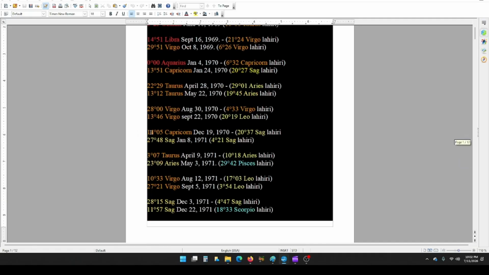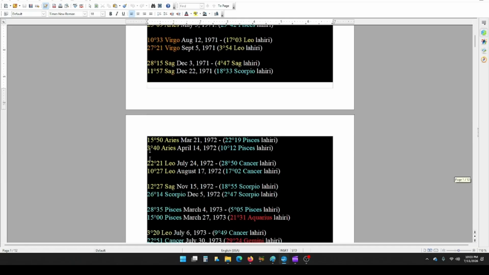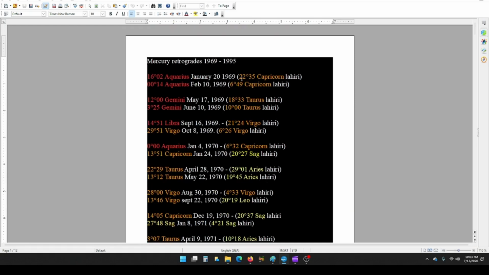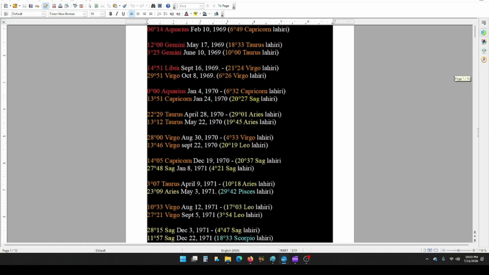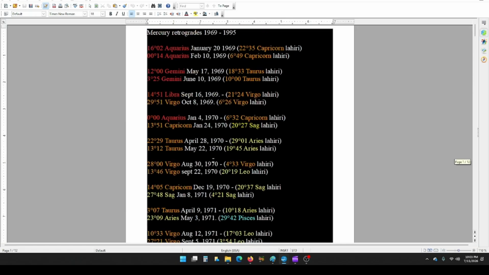Virgo is 5, 6, 7, 8, 9, 10, 11, which is 28 degrees 50 of Cancer, nearly opposite 22 degrees 35 of Capricorn. So that's 11 loops after this point.